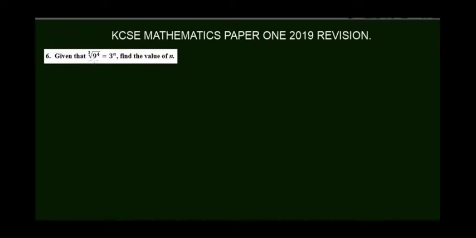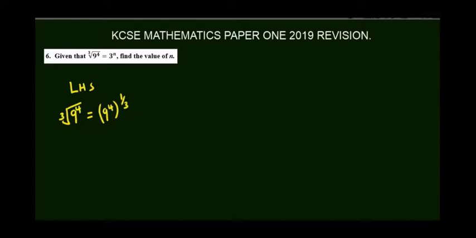So given that cube root of 9 power 4 is 3 power n, find the value of n. So in this number, if we consider the left hand side, we will have 9 power 4, and the cube root of that can also be written as 9 power 4 raised to power a third.